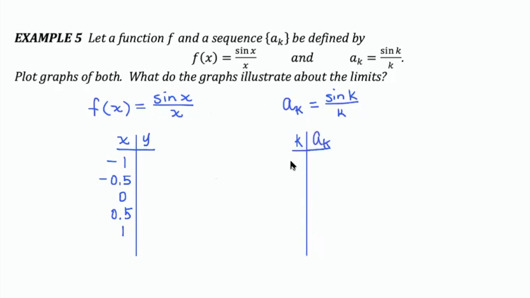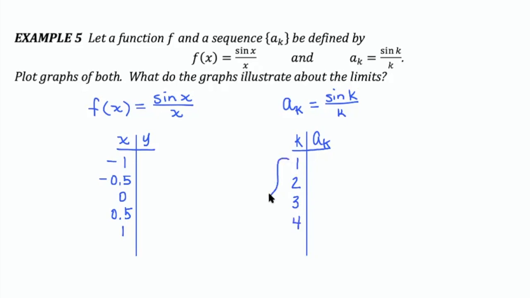So k could begin at 0, but you can automatically see k being equal to 0 is going to cause a problem. It's going to give us an undefined fraction. So instead, if I were to make a table of values, I would want to plug in 1, and then 2, and then 3, and 4.